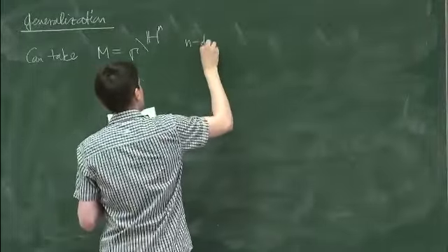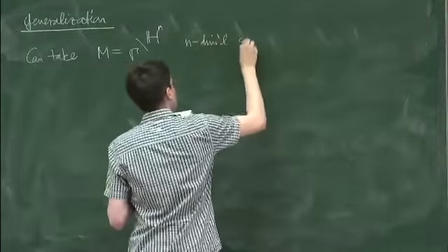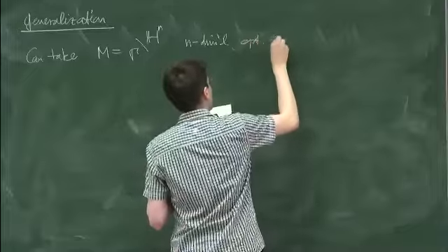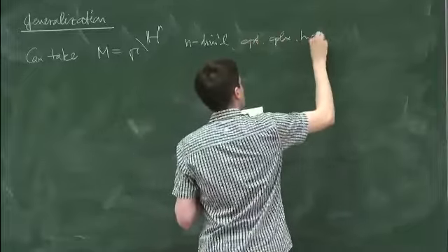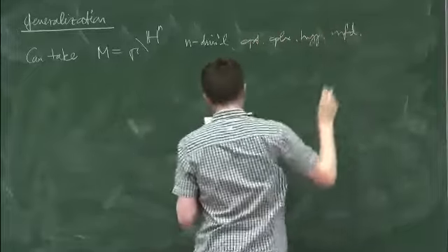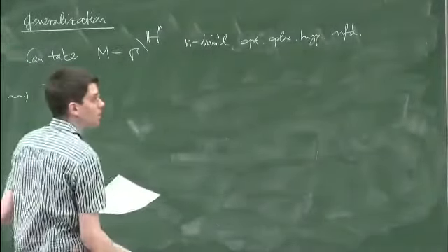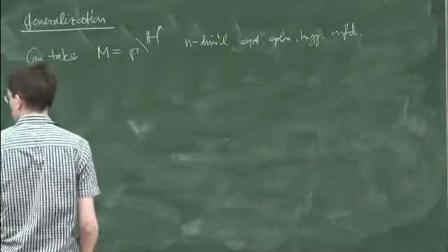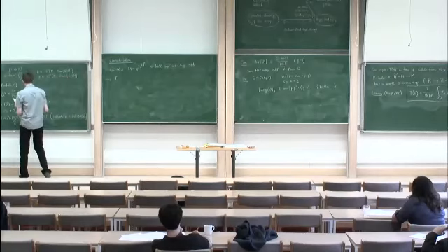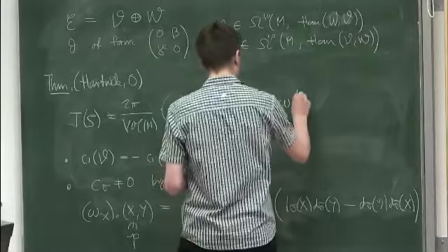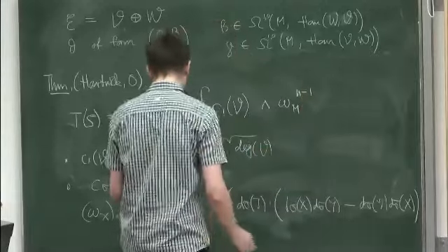So it's an n-dimensional compact complex hyperbolic manifold. In this case, the formula has to be modified by adding a certain power of the Kähler form, right, to make this a top degree form.